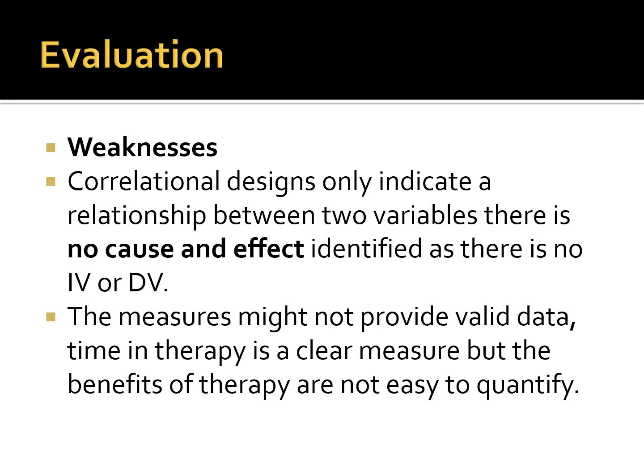The measures themselves might not provide valid data, so it's very difficult to sometimes quantify some of the things you would want to measure in a correlation. And again, this goes back to those ideas of issues with questionnaires and things like that. You can count the number of hours somebody spent in therapy, but quantifying the benefits of therapy to see if, you know, the longer you spend in therapy, the better you feel.